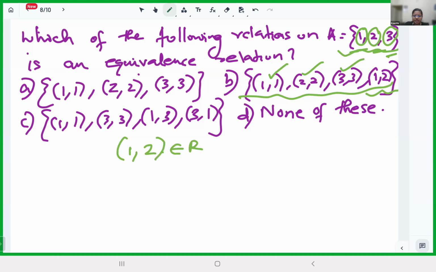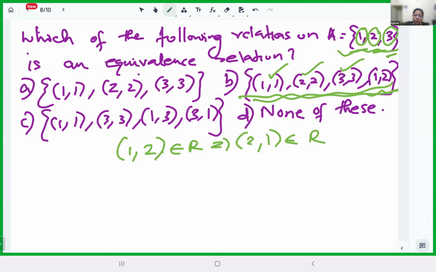If that particular relation satisfies the symmetric property, then (2, 1) should belong to R, right? But can you spot the ordered pair (2, 1) in option B? No, right?